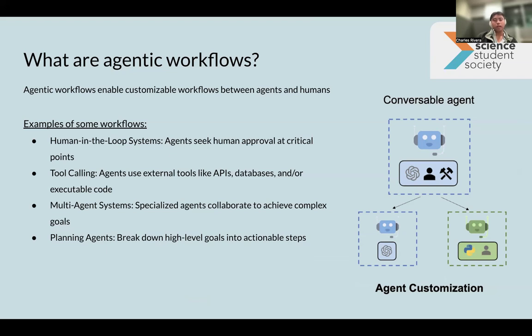An LLM isn't able to calculate an integral well on its own, so having a tool be able to do that is of interest. Similarly, we can have multiple agents work together. In our previous example, we had three vacation planning agents work together. Similarly, breaking down complex problems into smaller tasks and then delegating those tasks to other agents can be a planning agent or a planning workflow.